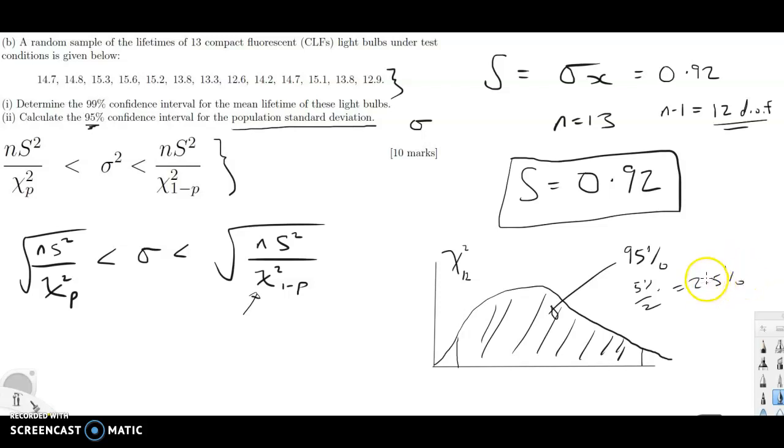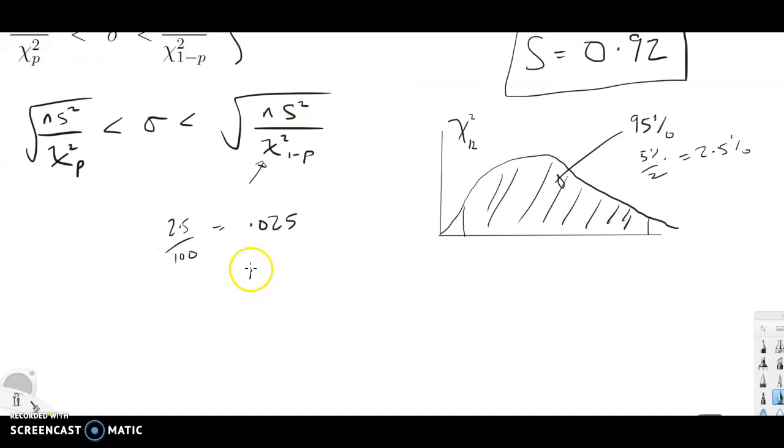And in decimal terms, 2.5 divided by 100 will give us 0.025. So now if we take 1 and subtract 0.025 from it, what are we going to end up with? 0.975.